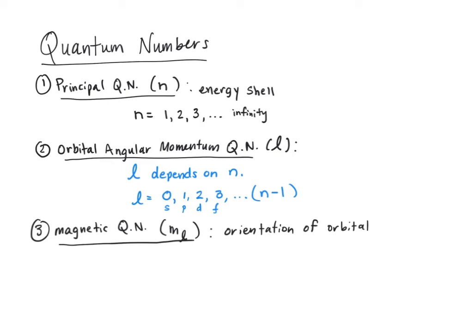M sub L depends on L. So, what we're doing is developing a hierarchical list where each quantum number in turn gets progressively more narrow in scope, and each quantum number in turn depends on the quantum number that came before it. Values of L depended on values of N. Values of M sub L depend on values of L.